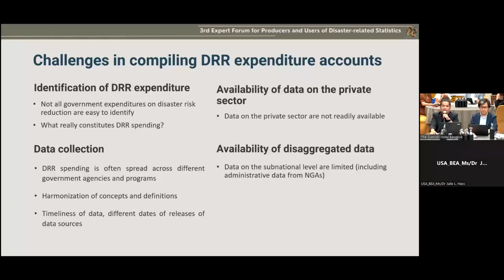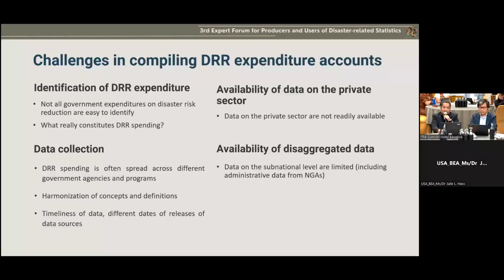So finally, under challenges, we have the availability of disaggregated data. So basically, data on the subnational level are mostly unavailable, and specifically for the local government and regional data.